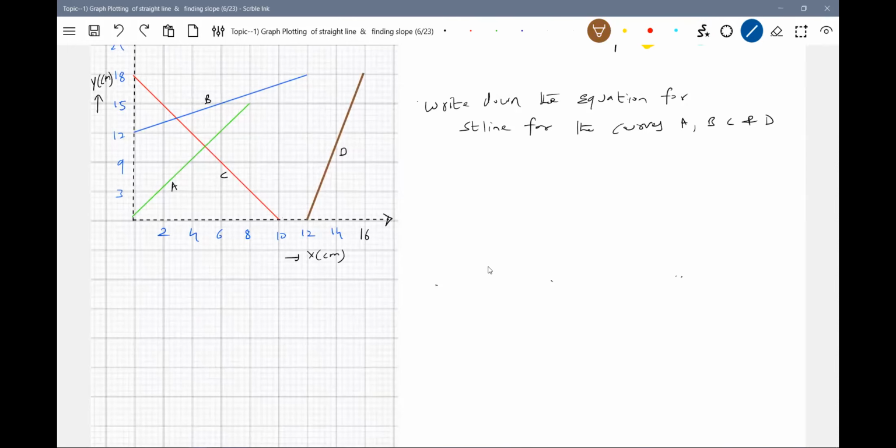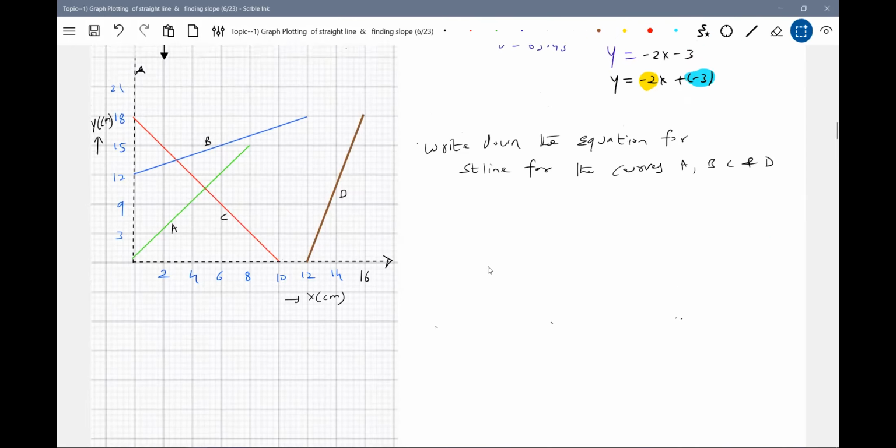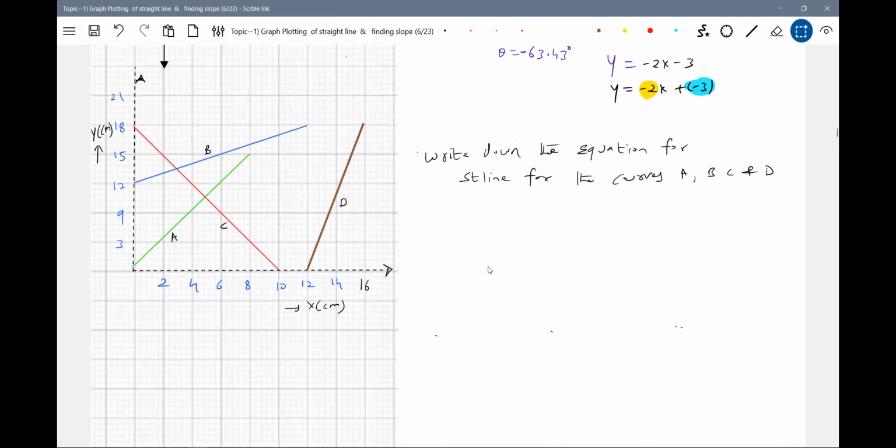We have to generate the equation of the straight line. Earlier, if they gave the equation, we saw how to plot the curve and how to get the slope. Now the question is how to get the equation. First, I think it is better to choose one by one rather than all three at a time. We'll start with A, the straight line A.